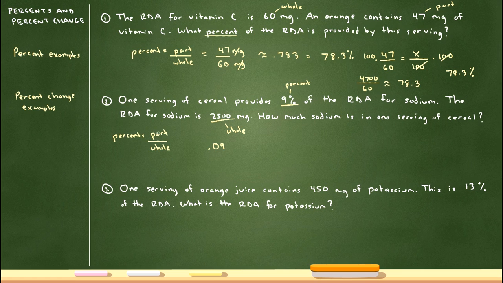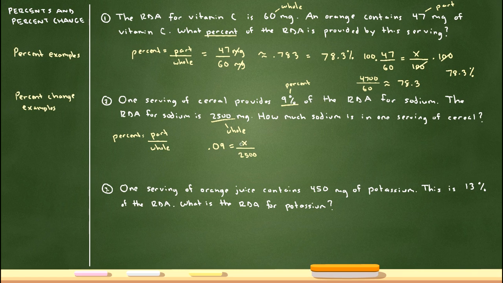So if I use this equation, I have to convert the percent into a decimal first. So 0.09 is equal to, now the part, I'm going to call the part X, divided by the whole, which is 2,500. So essentially this is saying what number out of 2,500 is going to be 9%.